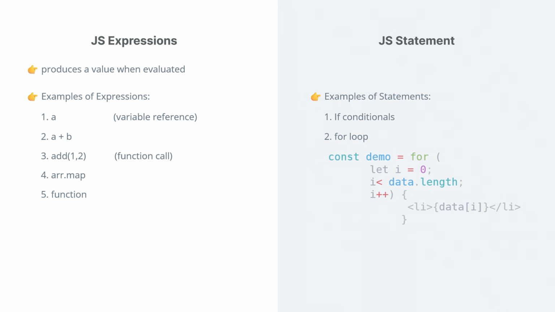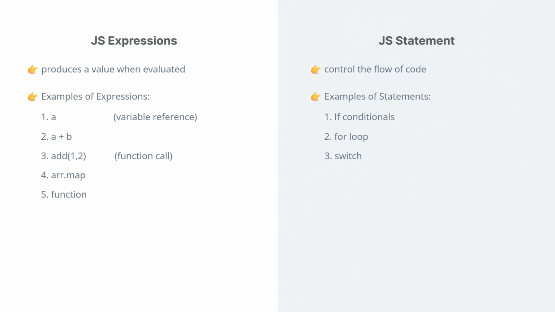Alright, the third one is switch. Isn't this also a type of conditional? Have you noticed that these statements all control the flow of code? If and switch control when to execute and when not to. For loops control how many times to execute and when to stop based on conditions, right?